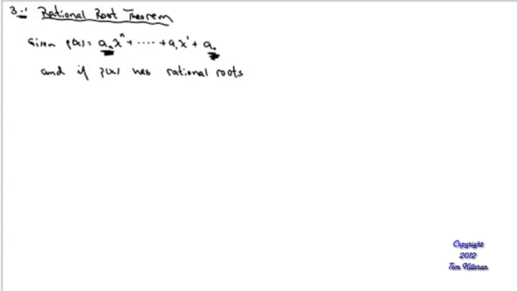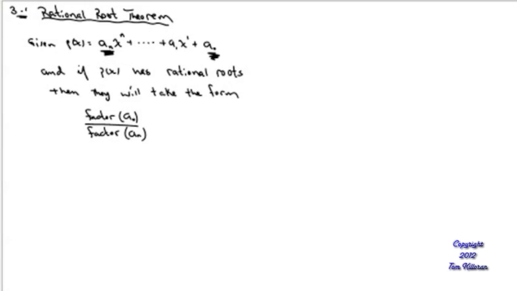So if p of x has these rational fractional roots, then they will take the form of a factor of a sub 0 divided by a factor of a sub n.